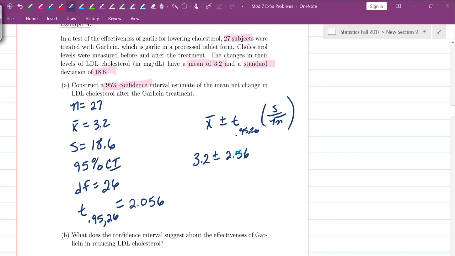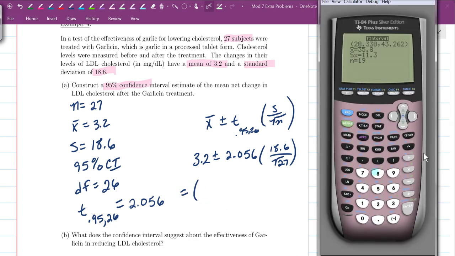2.056. Oops, let me erase that. 2.056 times 18.6 divided by the square root of 27. So this is going to be equal to, and grab our calculator, punch it in.